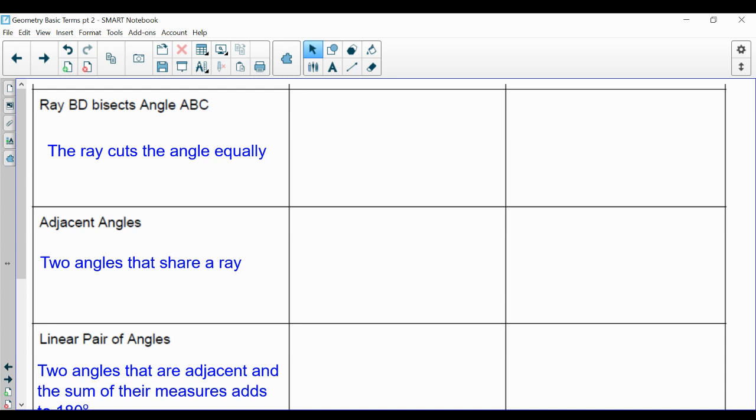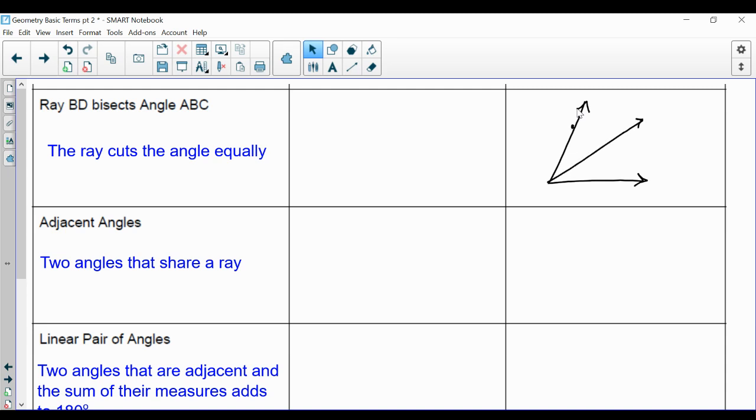So ray, our next one is ray BD bisects angle ABC. What bisects means is that it's a ray that cuts the angle equally. So I know I have an angle, and I have a ray BD.